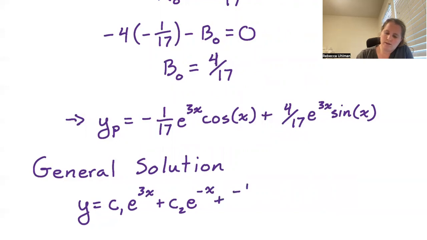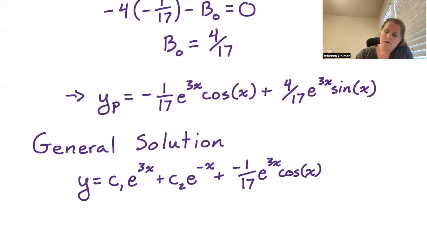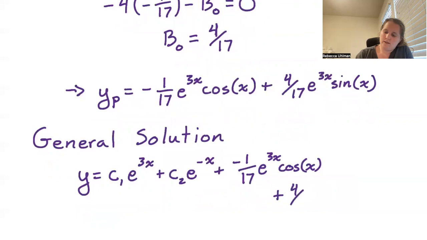So we have plus negative 1 over 17 e to the 3x cosine x plus 4/17 e to the 3x sine of x.